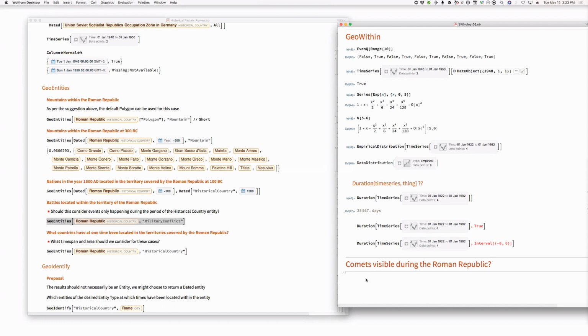But in this case, probably the comets will have the date information themselves. My whole point is that during the time span of the Roman Republic, what comets were visible.